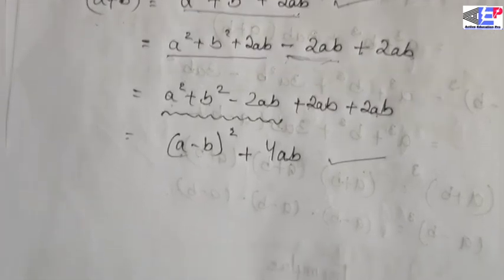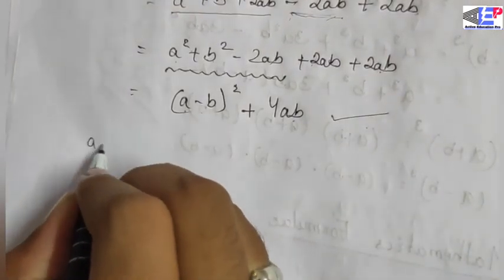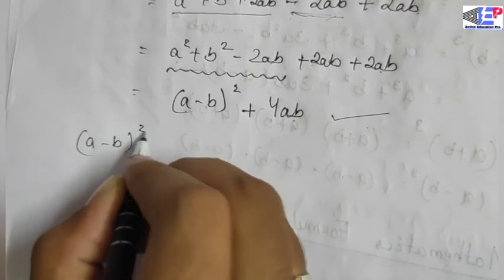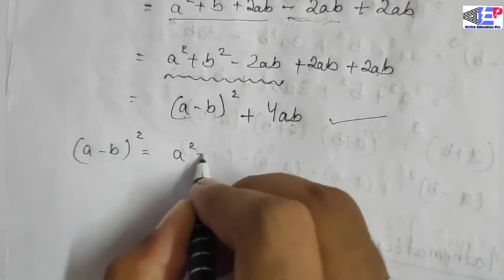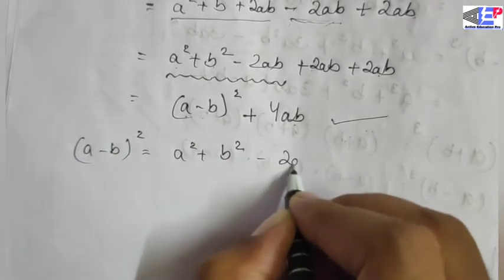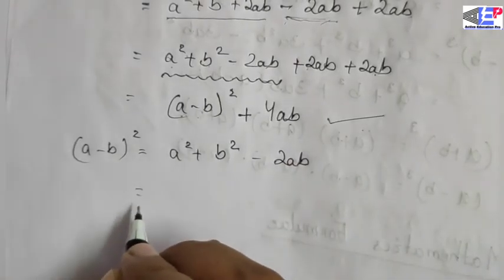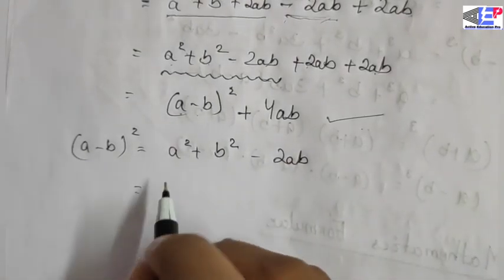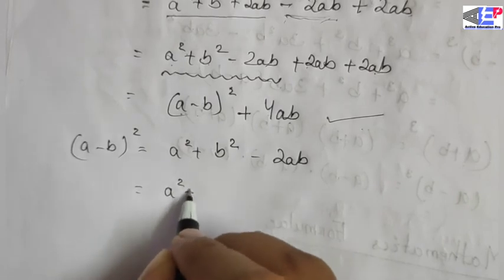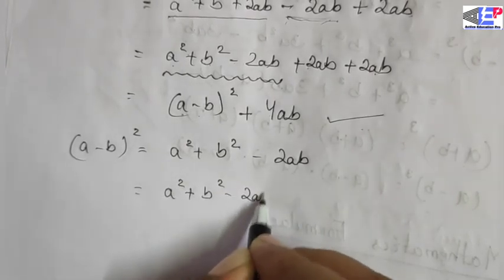Okay. Next formula is a minus b whole square. We simply know that it is a square plus b square minus 2ab, but there is another formula for a plus b whole square. First simply write it.